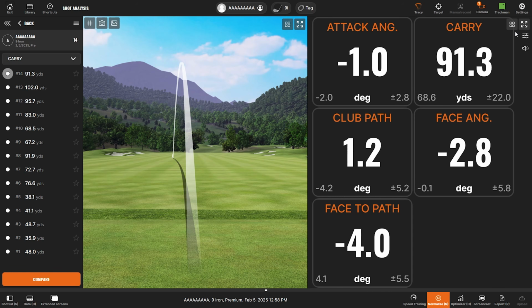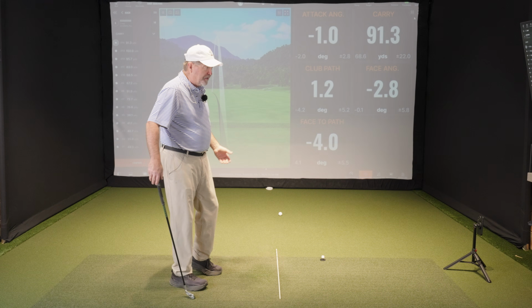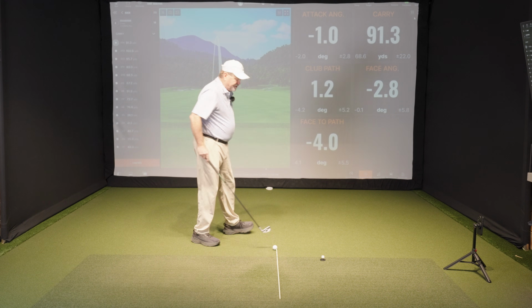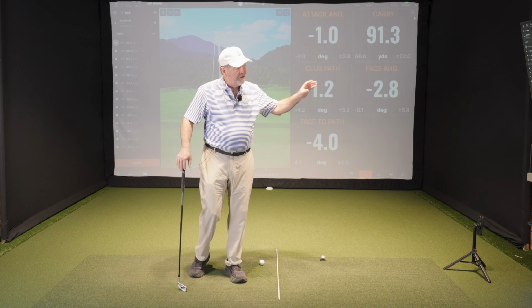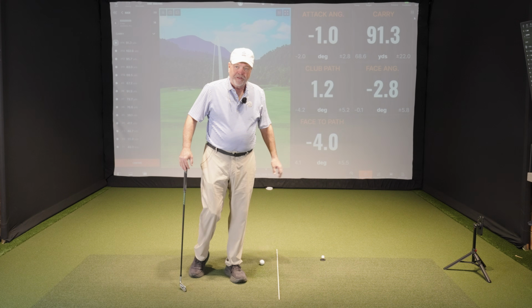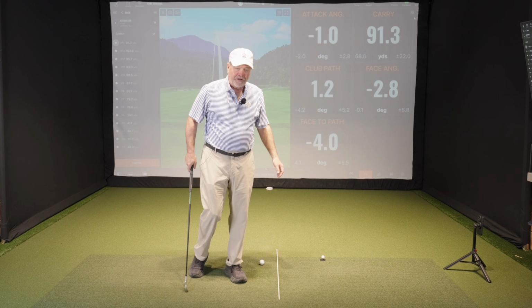And that's going to hit a pretty good draw or a pretty good hook, depending on how hard I hit it. And so understand the relationship between club path and face angle, and you'll understand this face to path, and it's probably the most important number to work on your golf swing with on launch monitors.